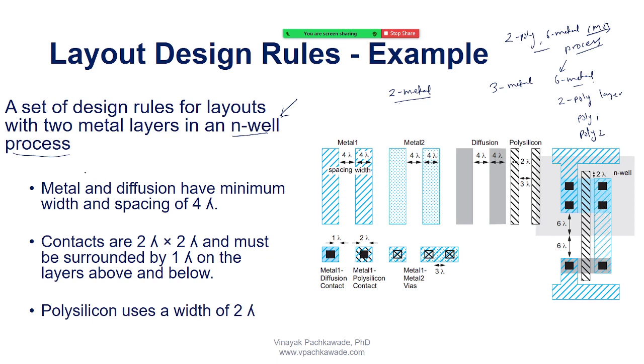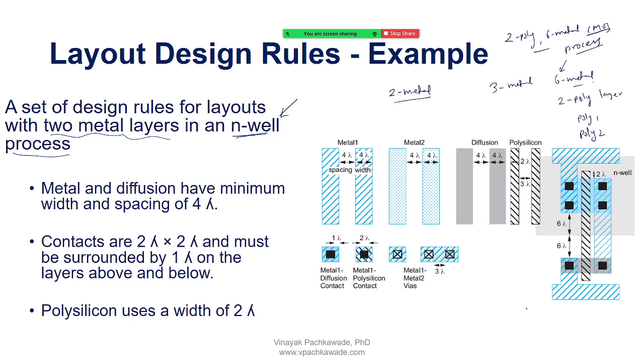When I say I have a set of design rules for the layouts with two metal layers in an N-well process, it means I am given a process or technology library where N-well is already defined. So when the chip goes for fabrication, the foundry doesn't need to perform those steps that we studied here to exclusively fabricate the N-well. It's already there. The process is tuned for that particular step.